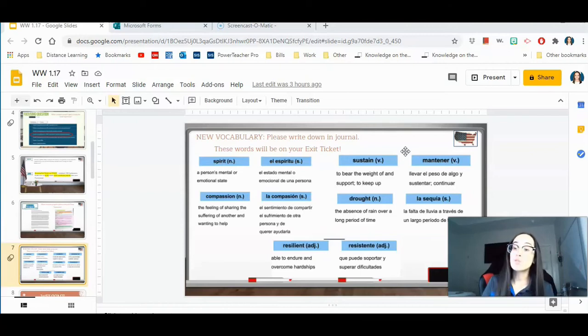The word drought, we might have heard before, which means that it's a time period where there is absolutely no rain, and there is a time in history we went through what was called the Dust Bowl. So in the 1930s, there was a time where there were a lot of dust storms.